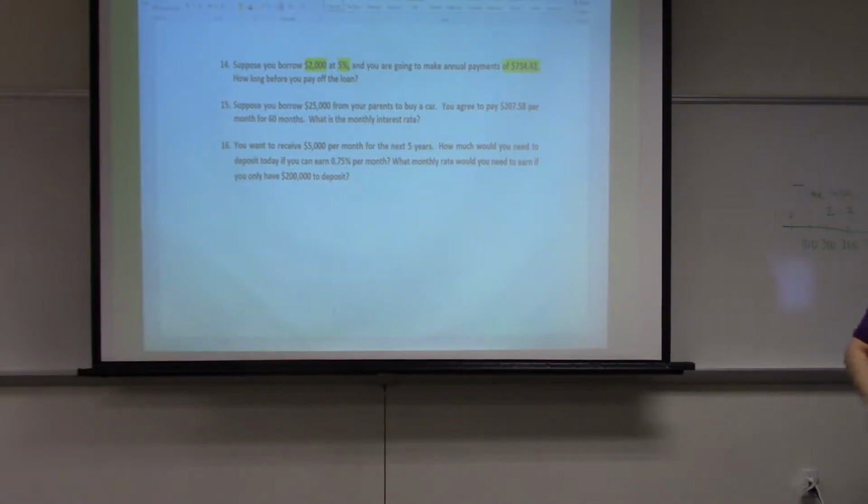It's asking for present value. So your $5,000 is your PMT, right? And it's also monthly, so it should be 5 years, 60 months. Interest rate is 0.75%. So calculate for present value.